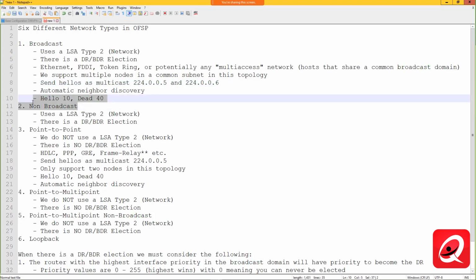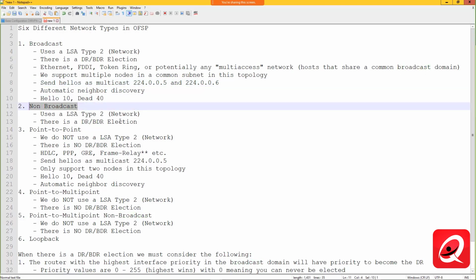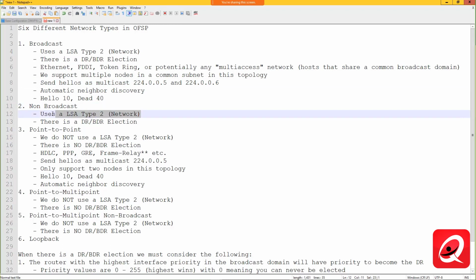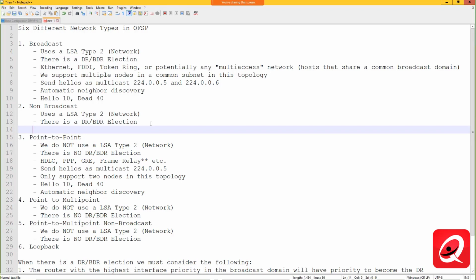our non-broadcast election. We're doing a DR/BDR election, but because it is non-broadcast, automatic neighbor discovery is not done.